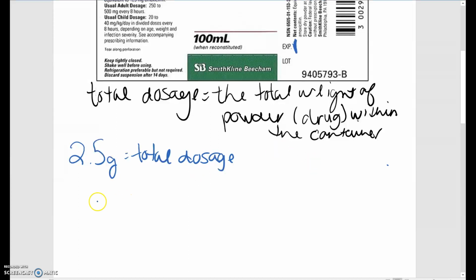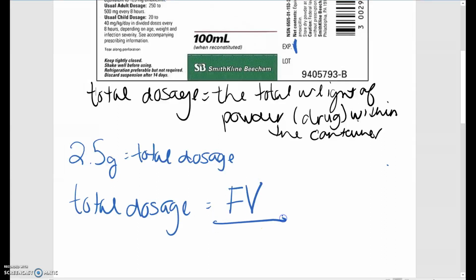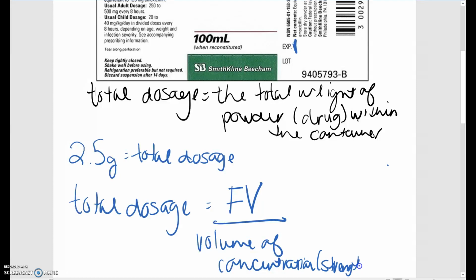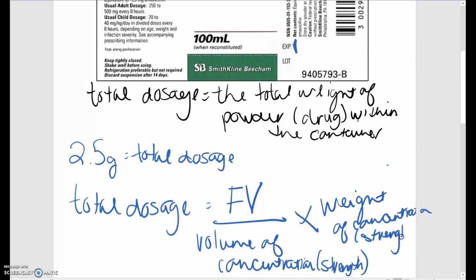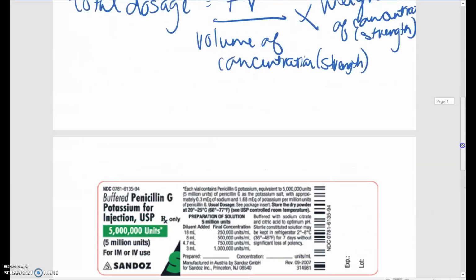In order to calculate total dosage, you take the final volume over the volume of concentration, in parentheses strength, and multiply that by the weight of concentration, in parentheses strength. Let me see if my calculations are correct.